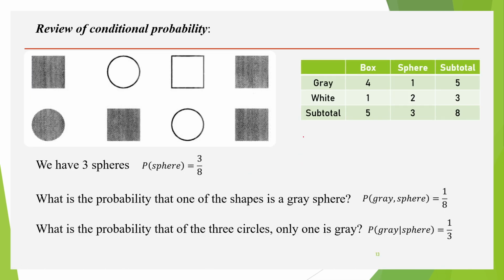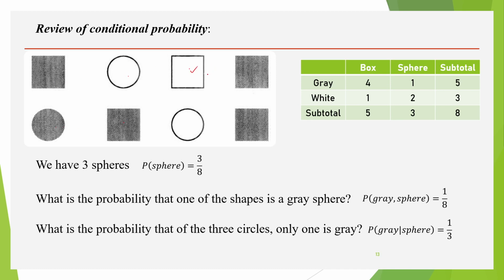To warm up on the concept of conditional probability, I will give you this example. Let's say we conduct an experiment with this system: this white sphere, this gray sphere, this gray box, and this white box.